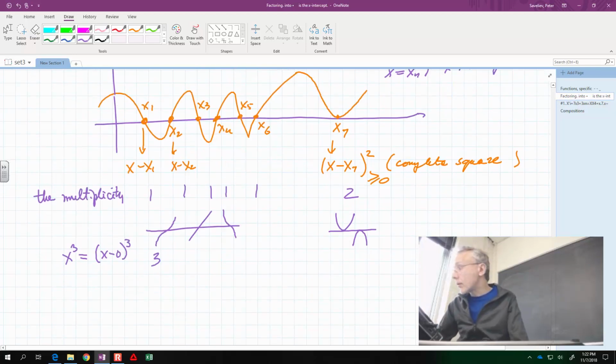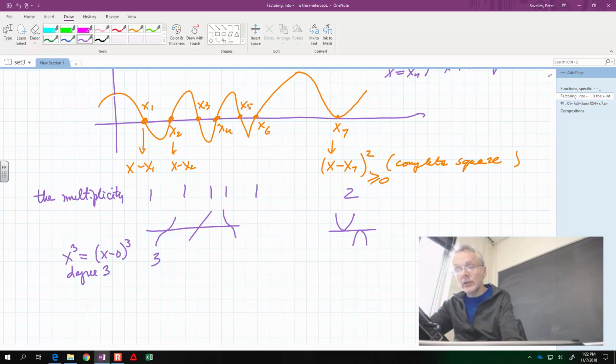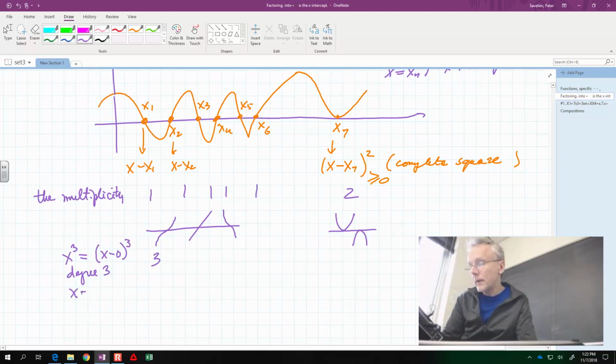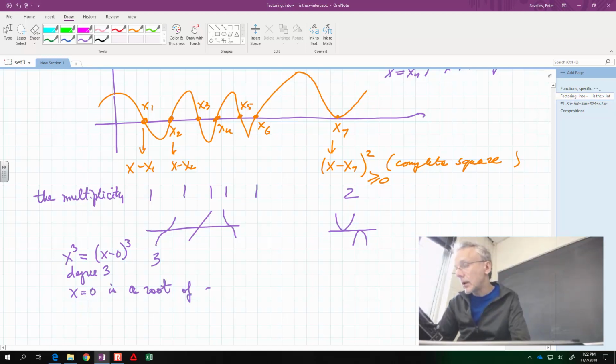So in other words, this is a cubic polynomial, degree 3. It has 3 factors, all linear factors. The x-intercept is only 1, at 0, but its multiplicity is 3. You can call it a root or x-intercept of multiplicity 3, which is odd, which means that it crosses.